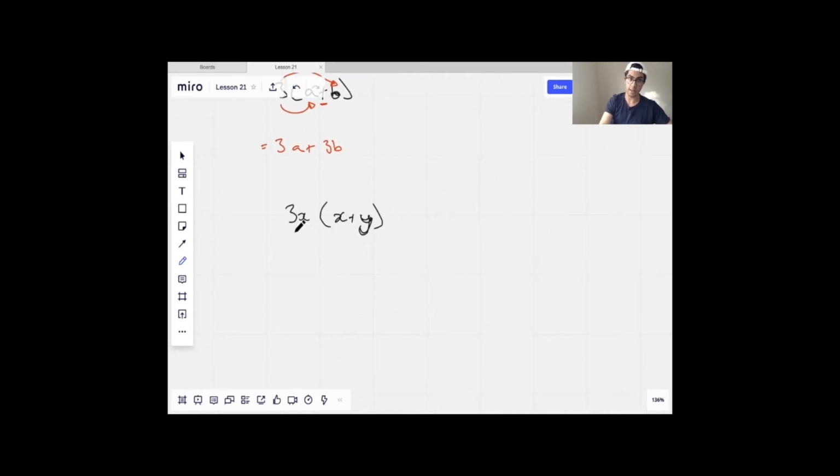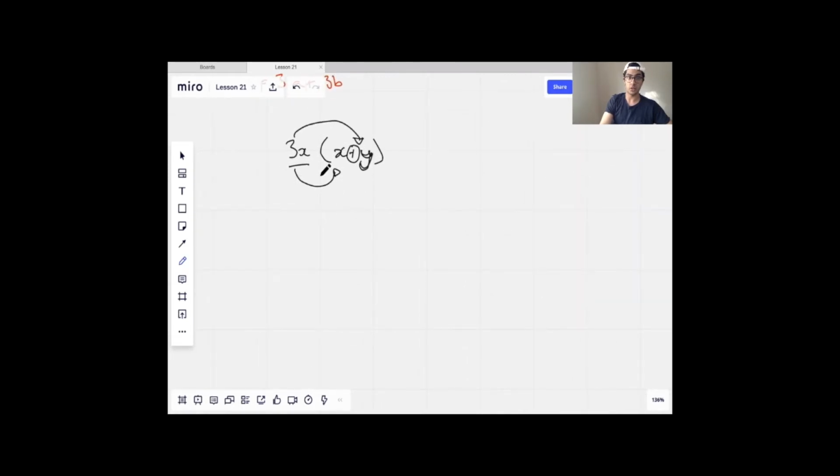So we have 3x. We can multiply 3x by x, and then we can multiply 3x by y, and then add them together. So 3x times by x, and then 3x times by y, which equals, 3x times x is 3x squared plus 3xy.